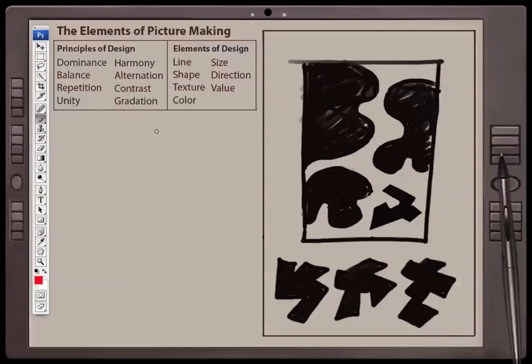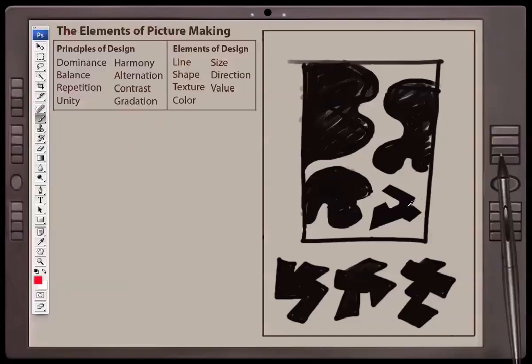This dominance of shape also establishes unity that you see right over here. That's how you get unity into your pictures, through dominance. Without dominance, you can't establish unity. And dominance is achieved through limitation, which means that you need to limit the number of shapes in your compositions.